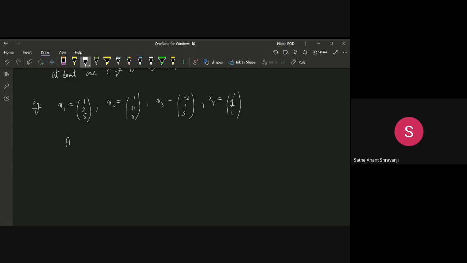No, they will not be linearly independent. Answer is no. Why is that?